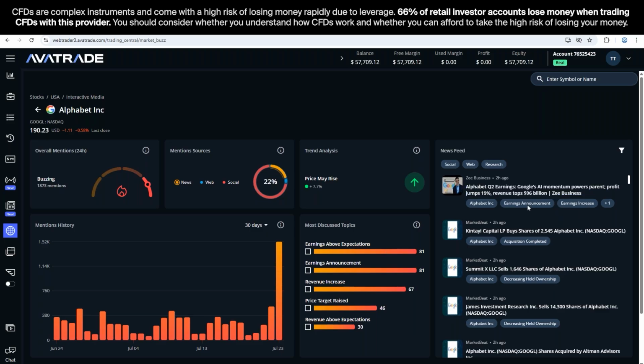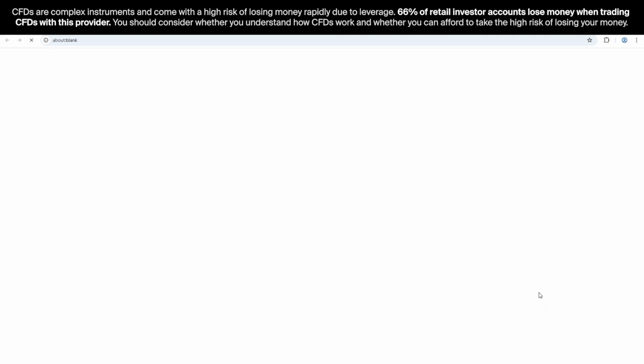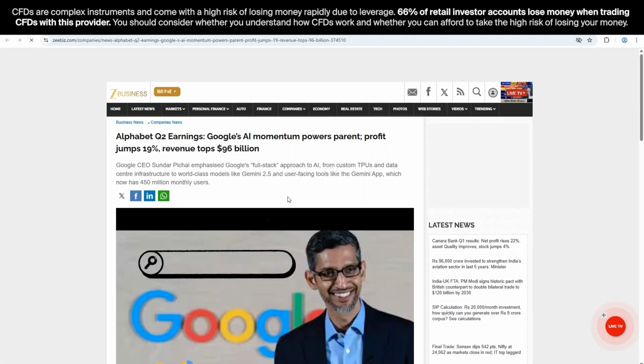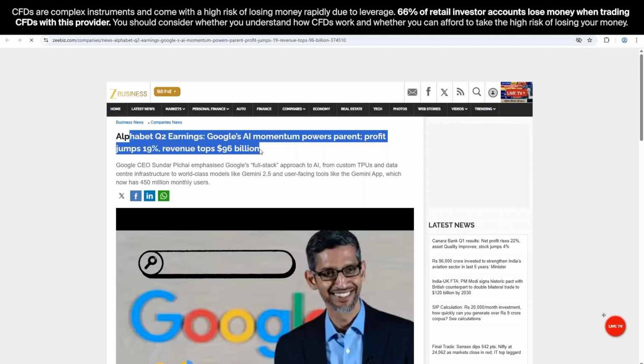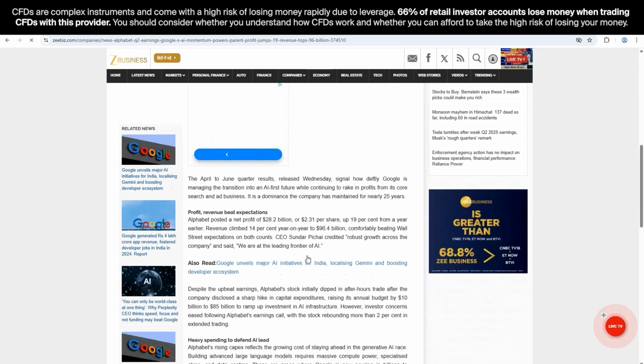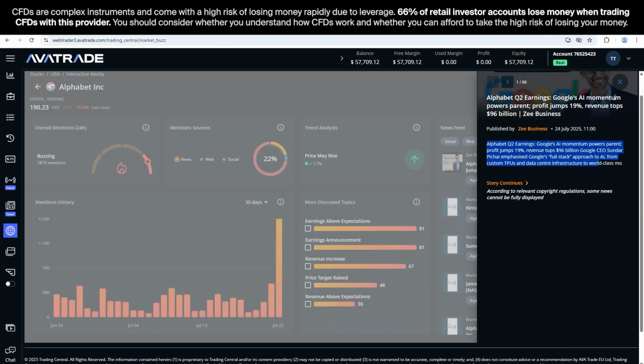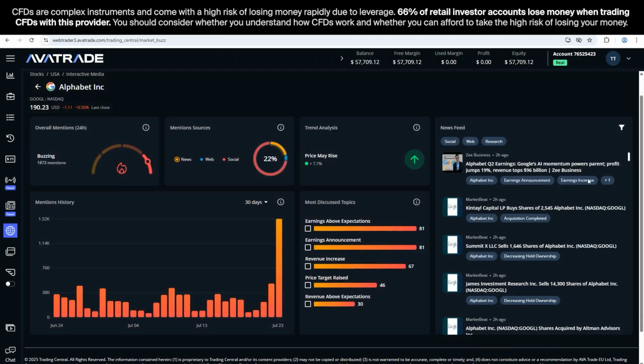So if you weren't aware that the earnings were yesterday, just click the link. You can read the summary, or you can read the whole article, and you can understand what happened with Google and why there's so much momentum maybe for the stock price. You read the article and you make up your mind for yourself. Does that news help convince you maybe to follow this signal?